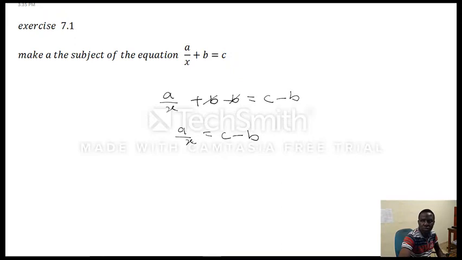Next is to undo the operation of division, which is what? Multiplication.